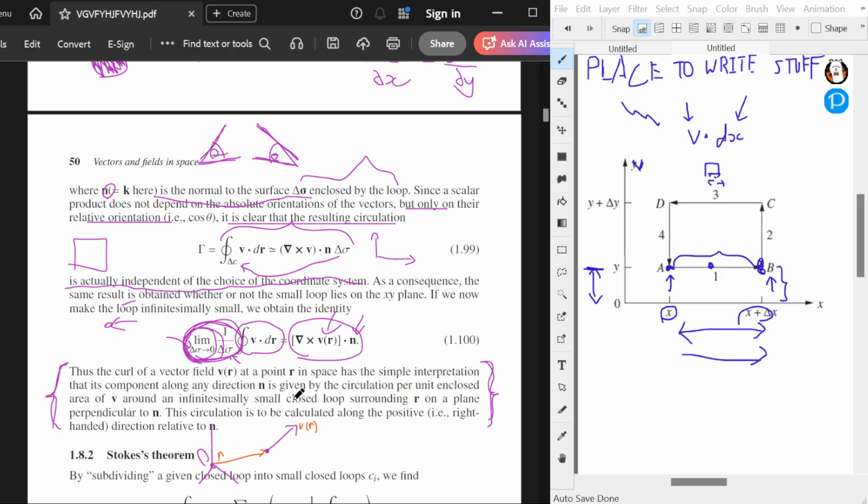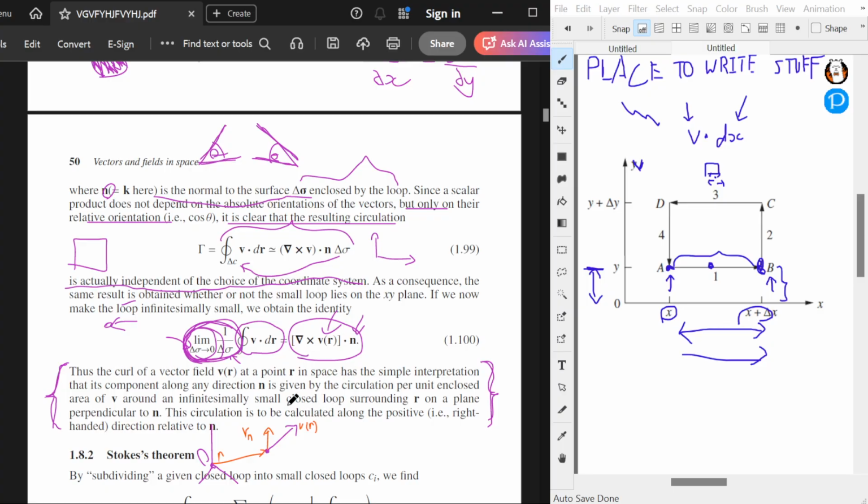The curl of V of R has the interpretation that its component along any direction n, so let's say n is in this direction, so V_n, is given by this.